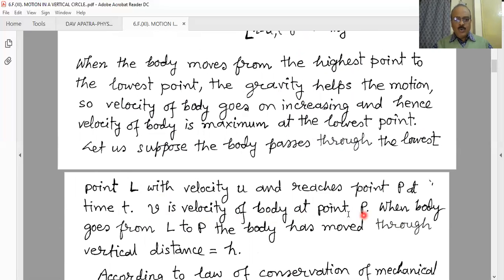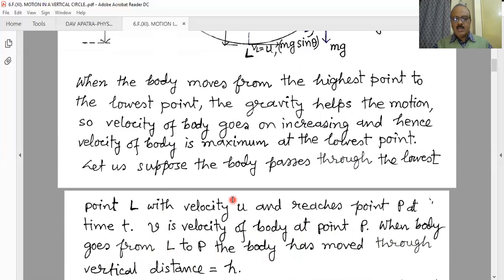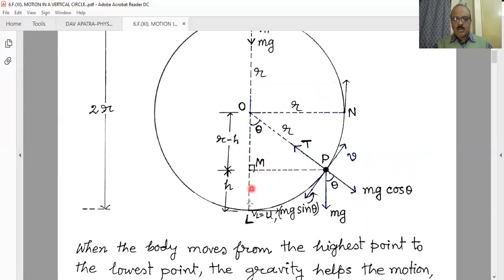When the body goes from L to P, the body has moved through a vertical distance h. In this figure diagram, it is now clear. When the body goes from L to P in this circular path, there is a vertical height or vertical distance moved, that is AML in this figure, and let us suppose it is height h.